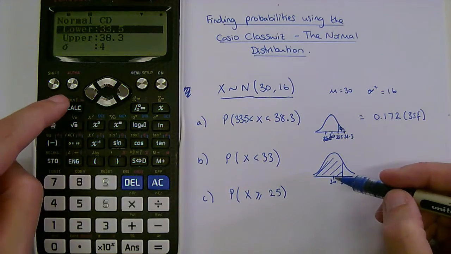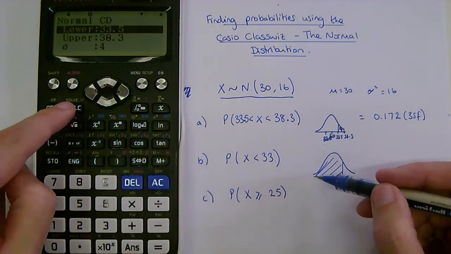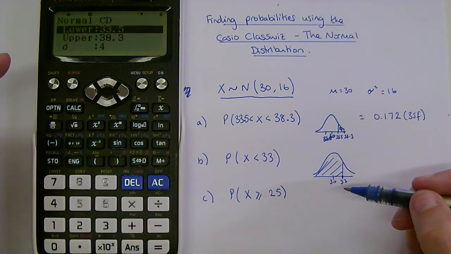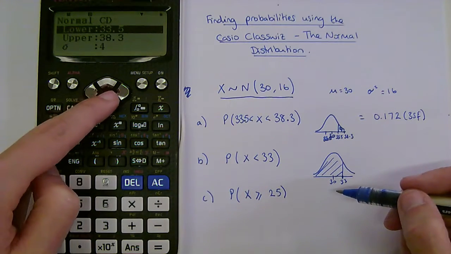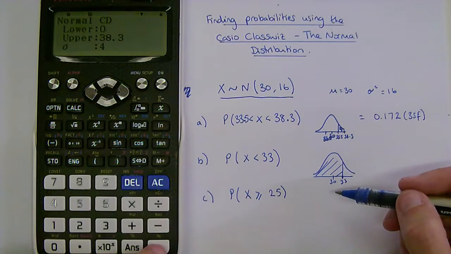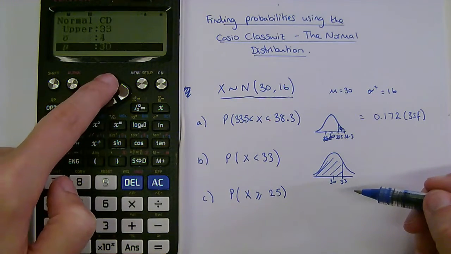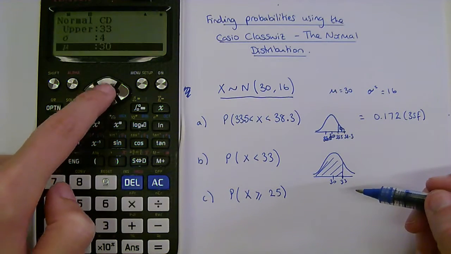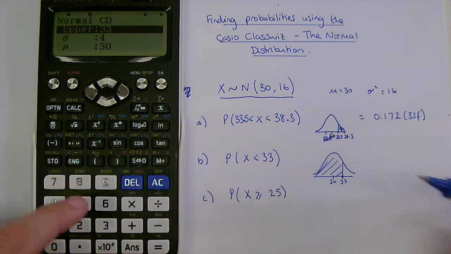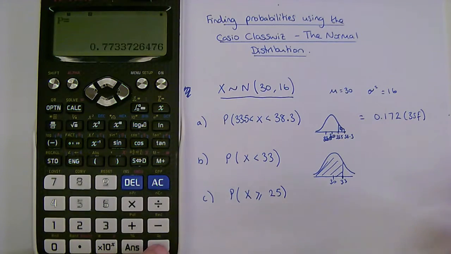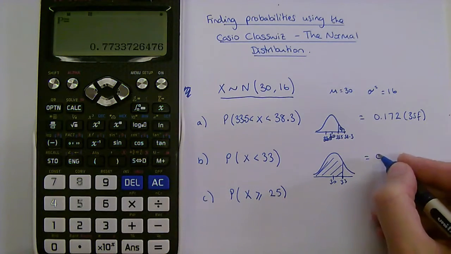What you're meant to do is put in 5 standard deviations away from the mean, but you can just put a really small number like 0 in. These 2 values are still going to be the same as before, but I've now put my 33 in for the question that I've got, and that gives me an answer of 0.773.